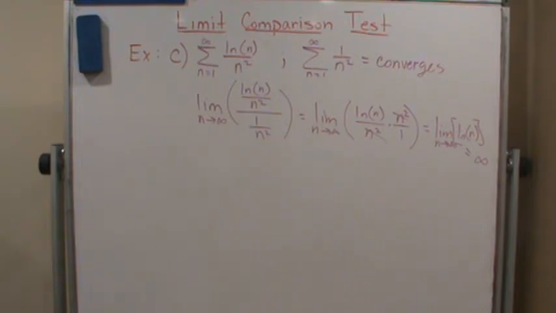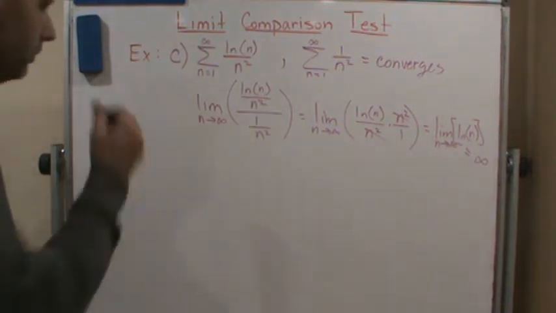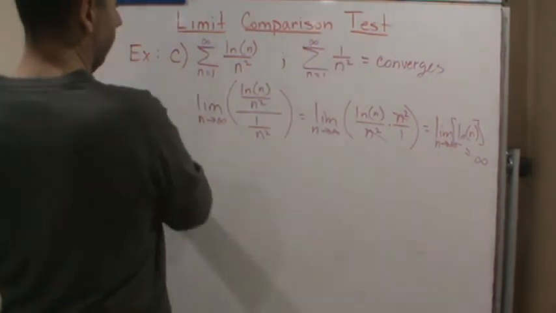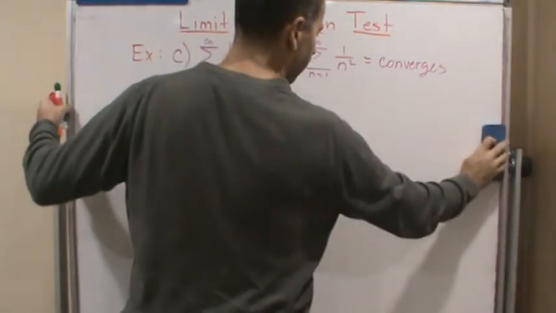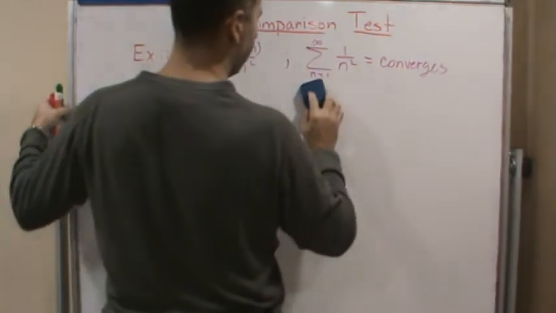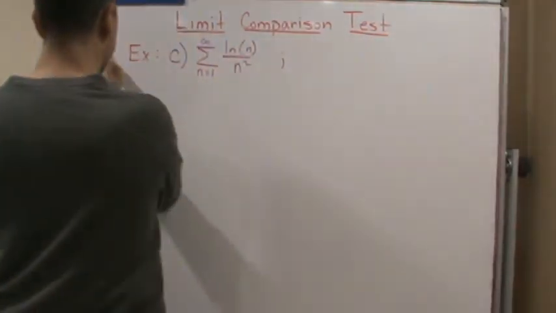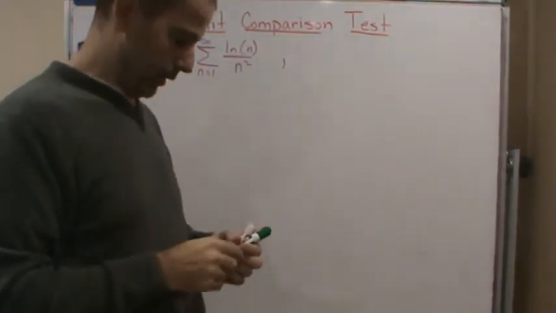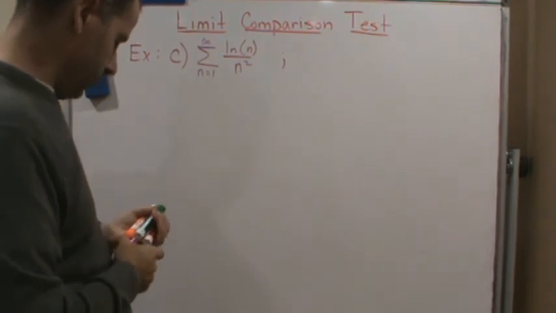We need a series that is between the two that we tried. Okay, sometimes it's trial and error. So let's try another one.